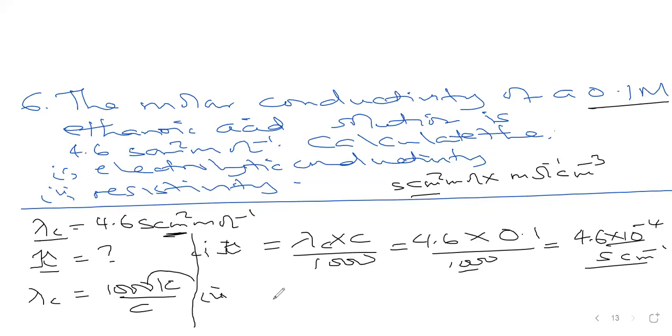Roman 2 wants us to get resistivity. How do you get resistivity in this case? You can only get resistivity by relating it with kappa, because here we have nothing like cell constant, those things.